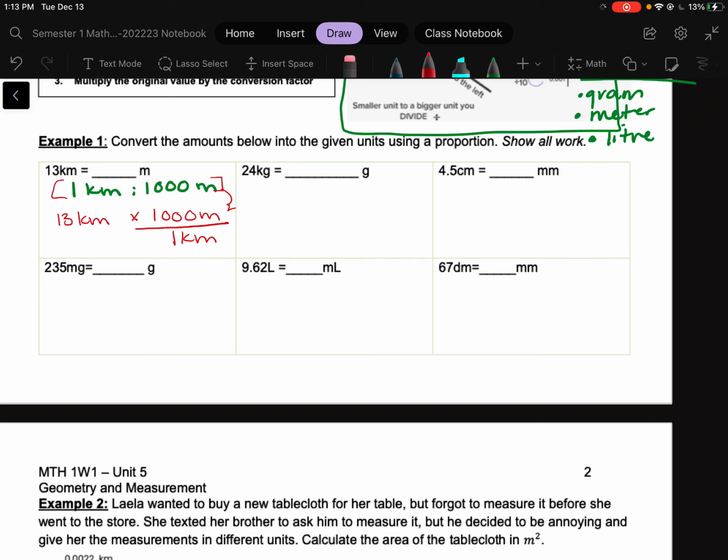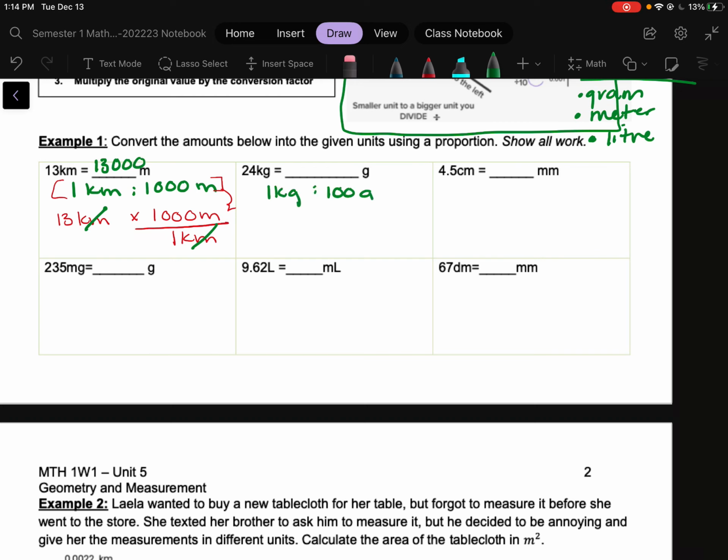We're just taking this whole unit relationship and plugging it in to what is given to us to convert it. When we do that, the kilometer units cancel each other out. So it's 13 times 1,000 divided by 1, which gives us 13,000.